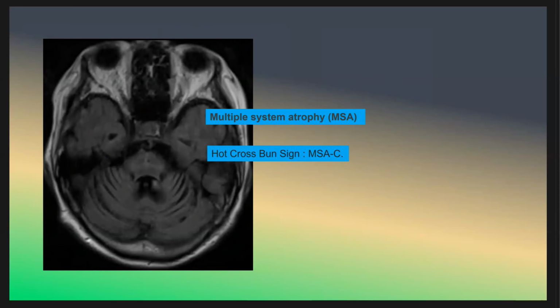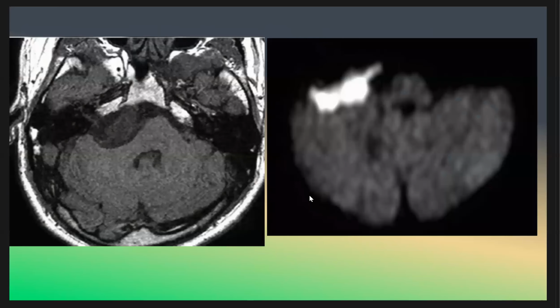We have two types of multiple system atrophy, the C type and the P type, and this is the C type, with cerebellar atrophy. The other type is predominantly Parkinsonian signs and symptoms. Okay, we move to the next case.